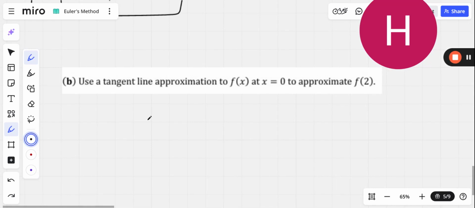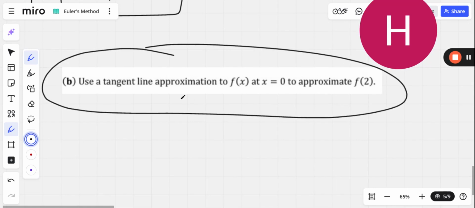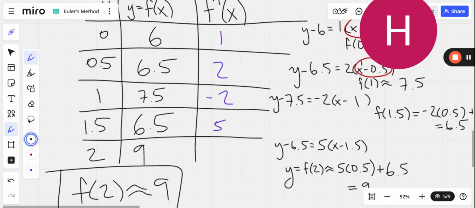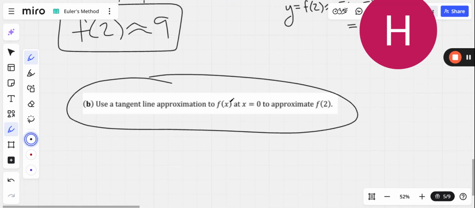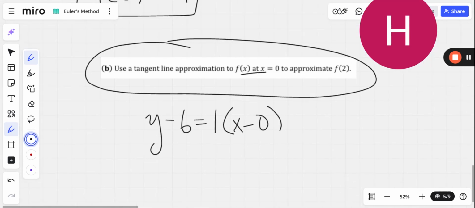Okay, let's use a tangent line approximation at x equals 0. This is going to illustrate the effectiveness of using small step sizes, because we used a step size of 0.5 to get all the way to x equals 2. But if we just used a single tangent line at x equals 0, you might remember that that tangent line is written y minus 6 equals 1 times x minus 0.